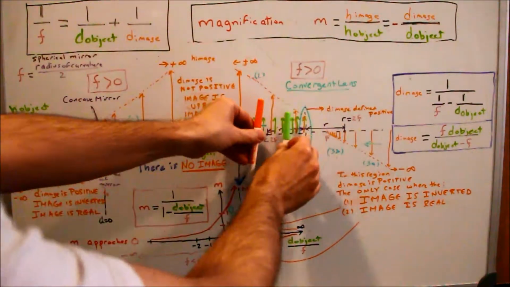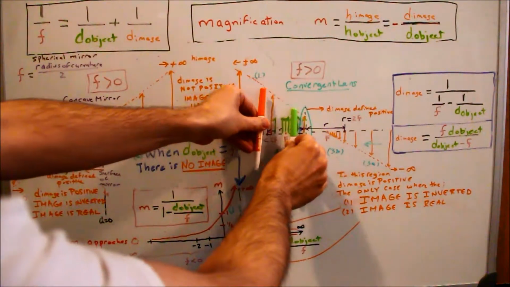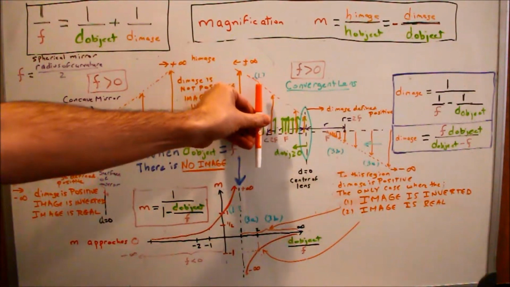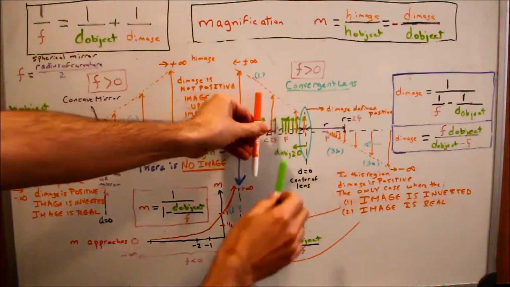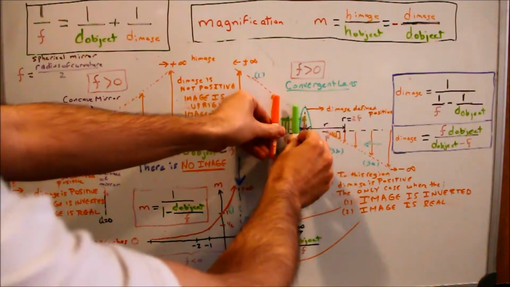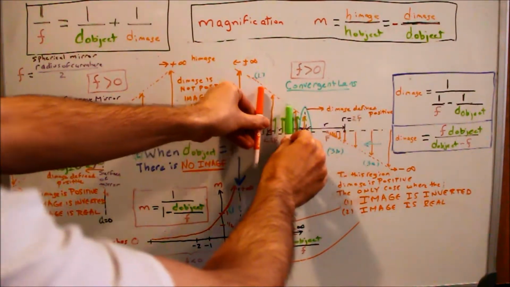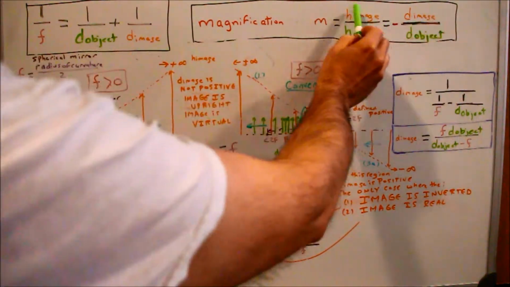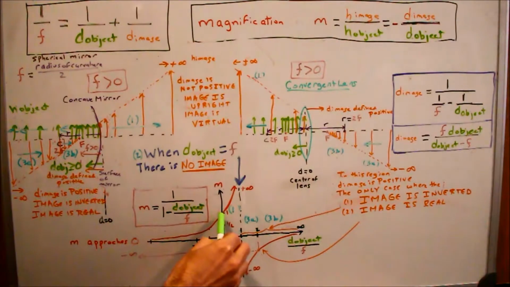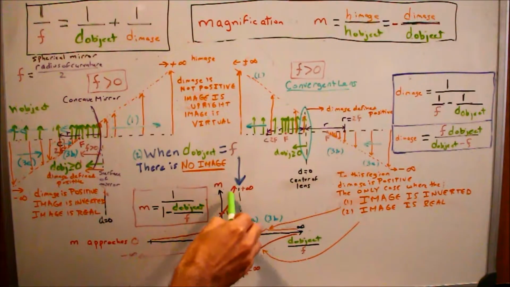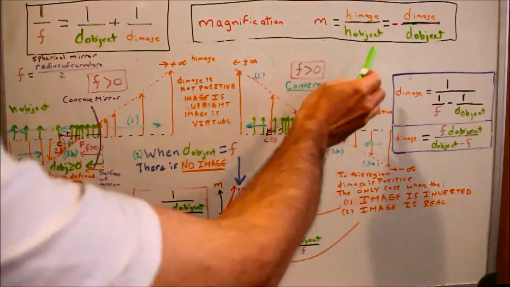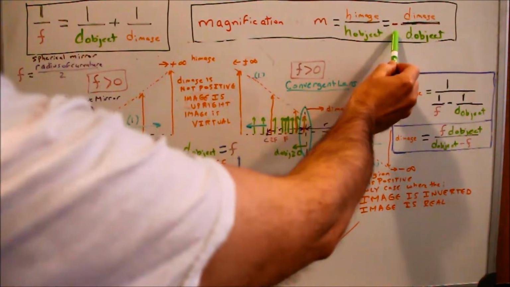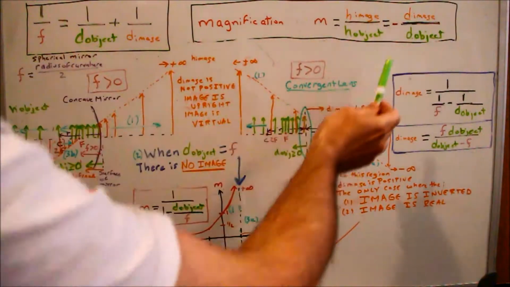So I'm seeing the magnification increase, and the image appearing is upright. It's virtual, but it's on the wrong side of the lens. So this is becoming greater and greater, starting to be magnified, and my D image is becoming a very big negative number, and that negative makes the magnification a positive number.